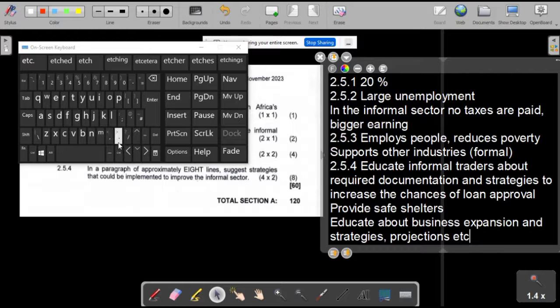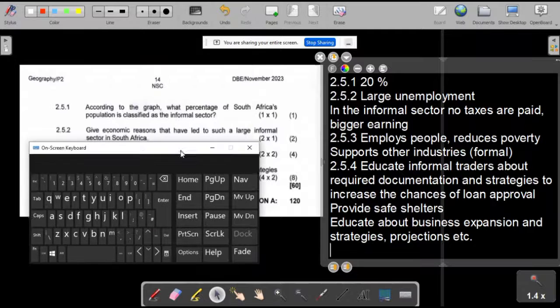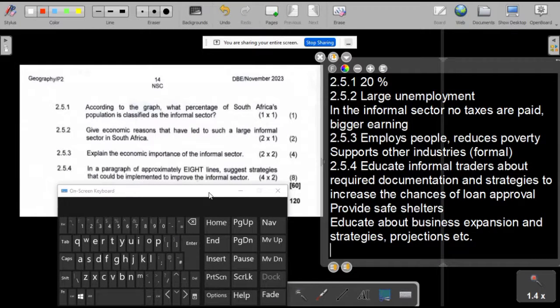So they can maximize, of course, their profits, because that's what you want to do. Each and every business has that goal to maximize profits.